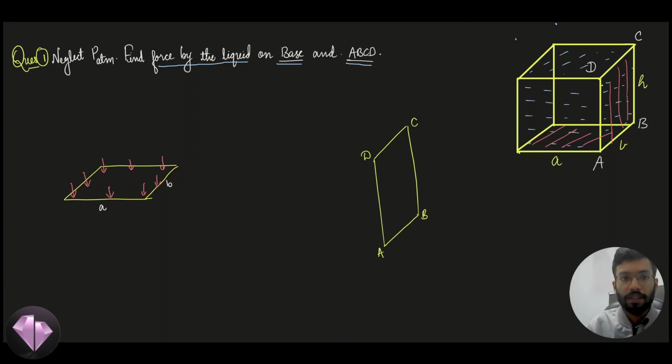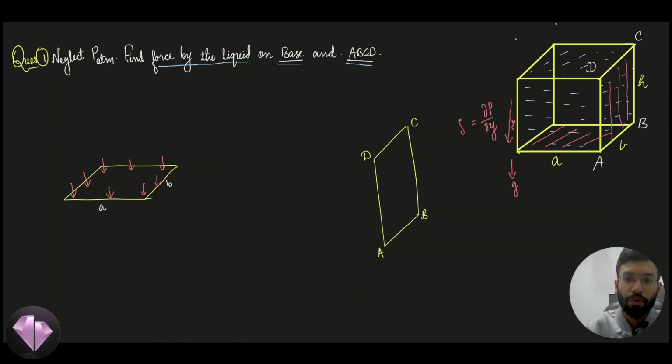But what do I know? Obviously gravity is there. So I know that there is g downwards, right? Because of this g, I get a pressure gradient in this direction. Let me call this direction the Y direction. So dP/dY, what is that?